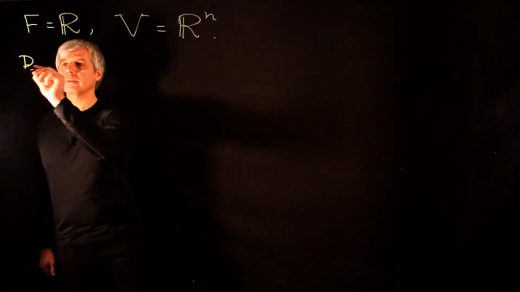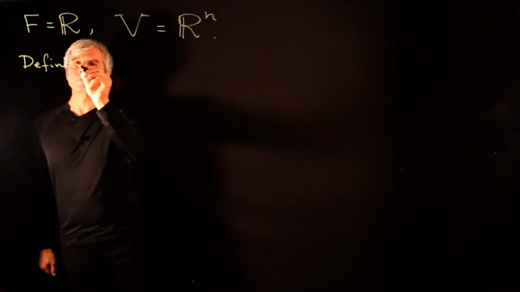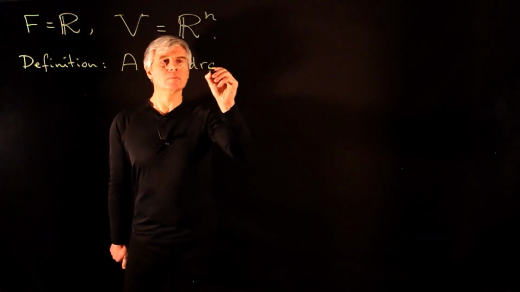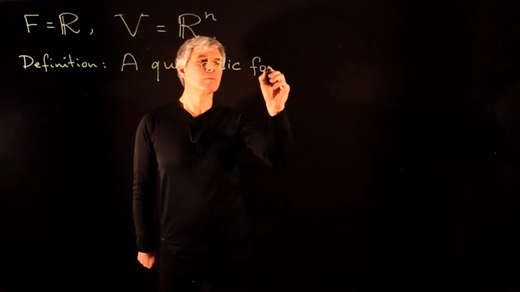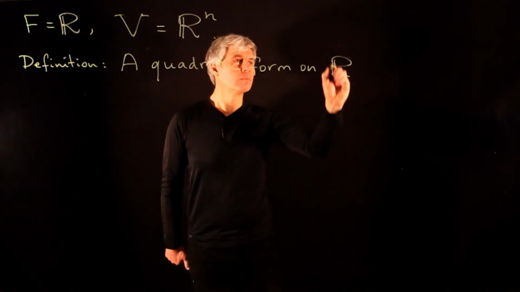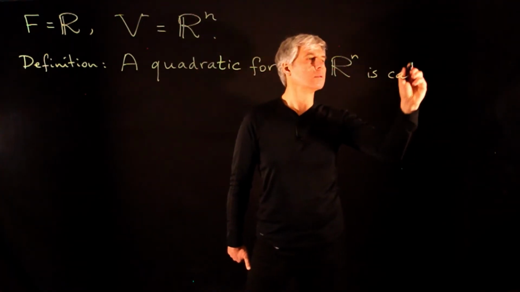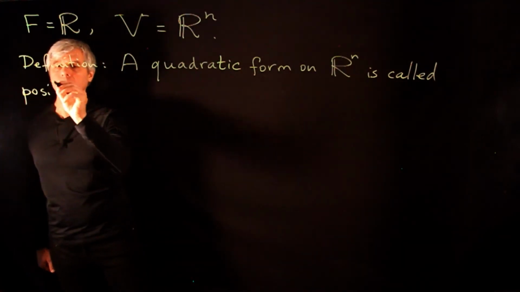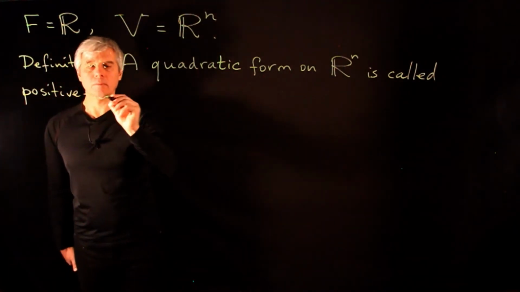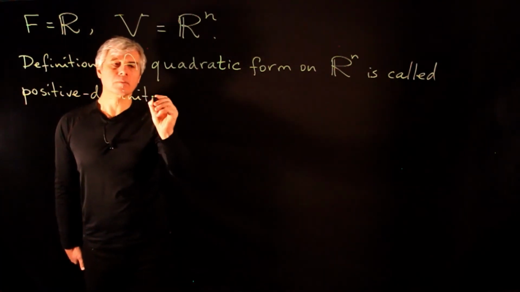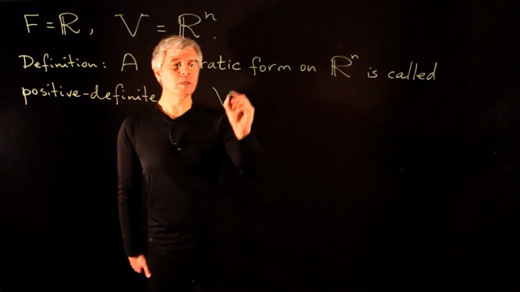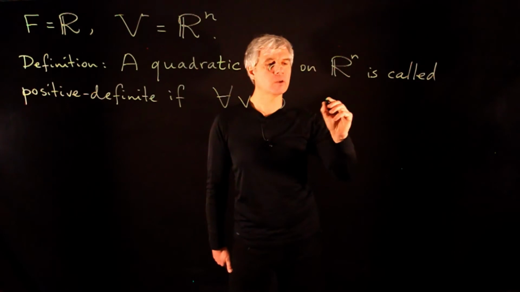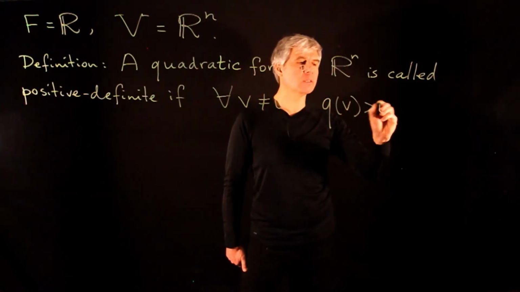Let us give a definition. A quadratic form on Rn is called positive definite if for all vectors v different from 0, we have q of v is greater than 0.